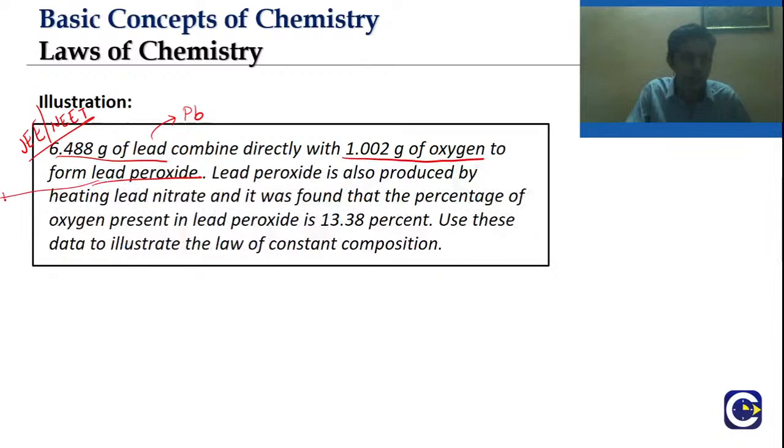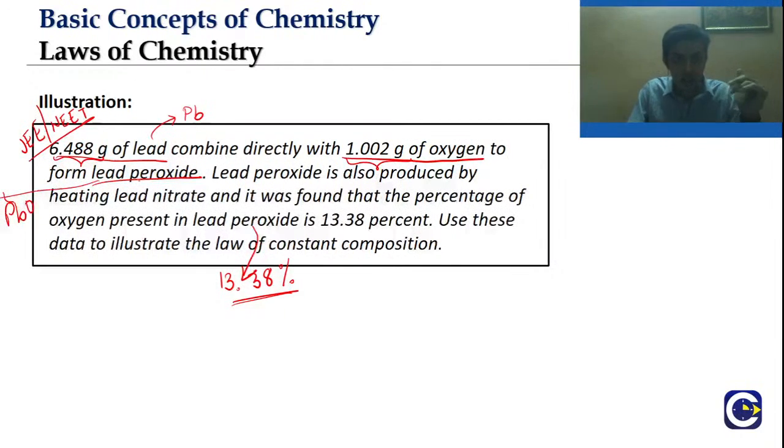Lead peroxide means it is PbO. Lead peroxide is also produced by heating lead nitrate, and it was found that the percentage of oxygen present in lead peroxide is 13.38%. So two different ways they are giving us. In one way, in lead peroxide, 6.488 gram of lead and 1.002 gram of oxygen were taken and combined to form lead peroxide.